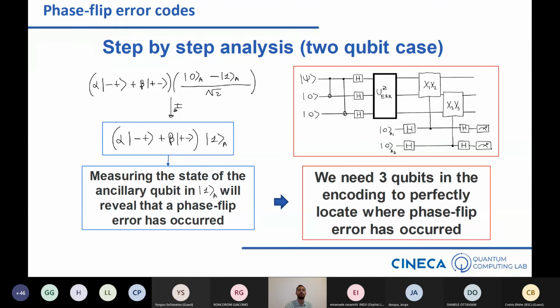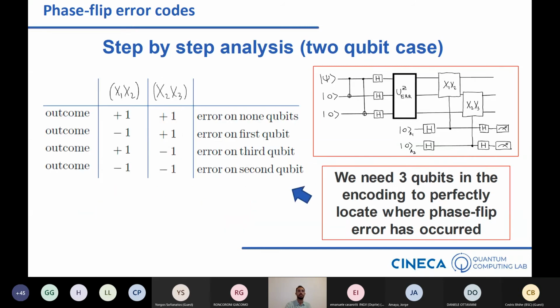Here, for example, you can detect errors. So the ancillary qubits are used to detect errors, but then depending on the output, if I know that there has been an error of some kind on, let's say, the first qubit, then of course I can correct the error, because I can simply apply, for example, here, the Z gate again to the third qubit.